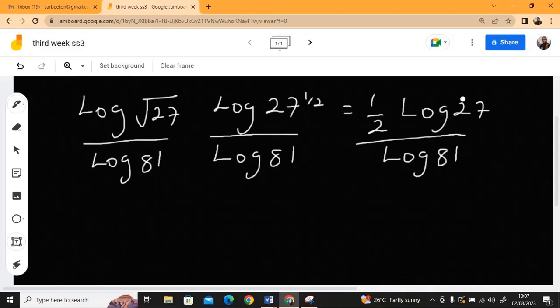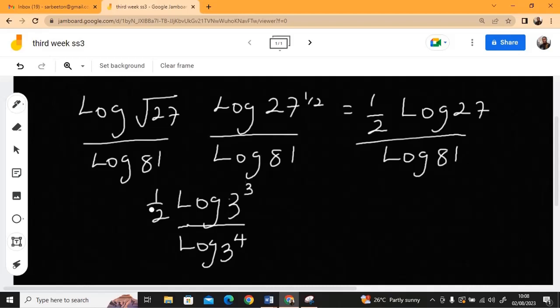Now there's a way you can do this. 3 raised to power 3 is 27, 3 raised to power 4 is 81. For the other one, because it's log 8, you can cancel, but this one you cannot cancel. So I can rewrite this as 1 over 2 log 3 raised to power 3, over log 3 raised to power 4.